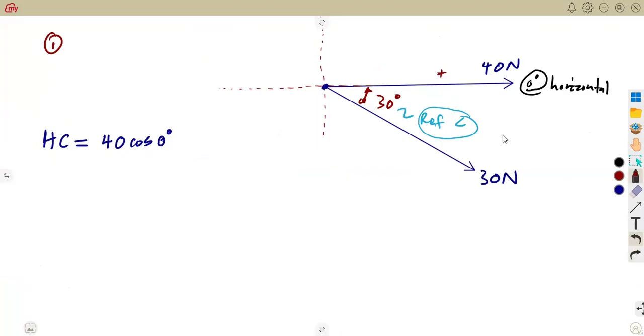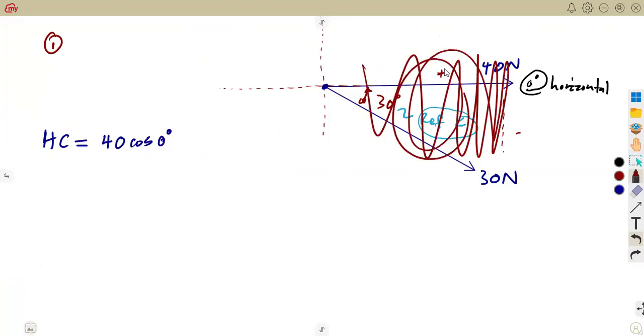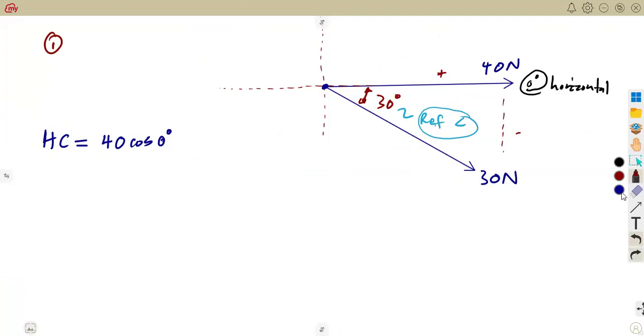Vertical is this side, which is negative. So anything that is on the right side, as long as it's horizontal, it's positive. So it means that will be positive 30 cos of the angle in between. So that's 30 cos of this angle in between, which is 30 degrees, just like that.